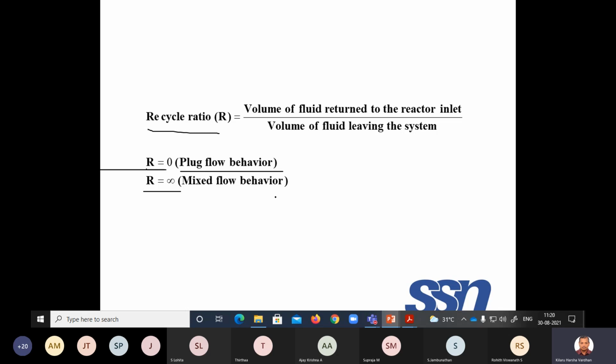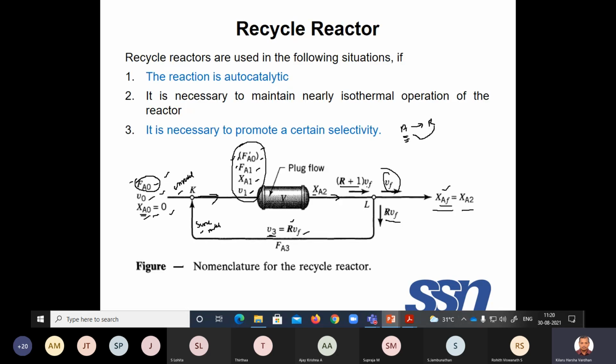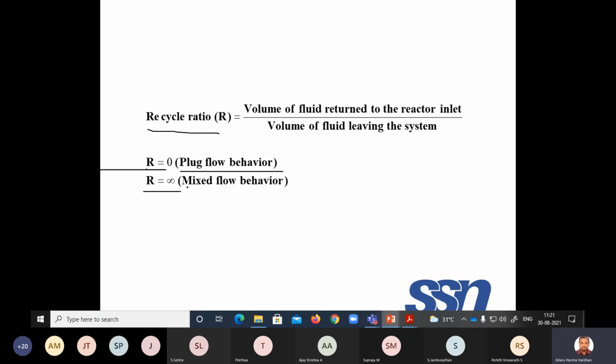And when R is infinite, that means very less stream is going out and more of the stream is going in this, so there will be mixing. Therefore, your recycle reactor behaves like a CSTR design expression. We'll show how it is going to come. So these are very important in a recycle ratio.